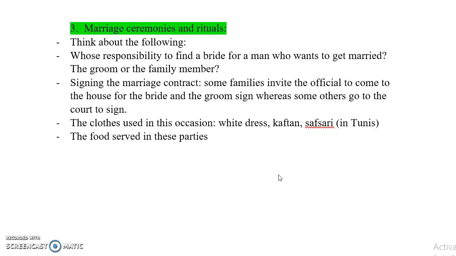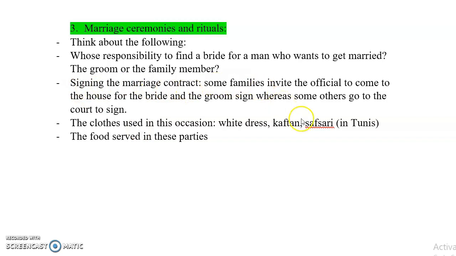Marriage, we have to think about some social practices regarding our culture, like, for example, whose responsibility is it to find a bride for a man who wants to get married? Is it necessary for his mother to find this bride, or is it his job? Signing the marriage contract.